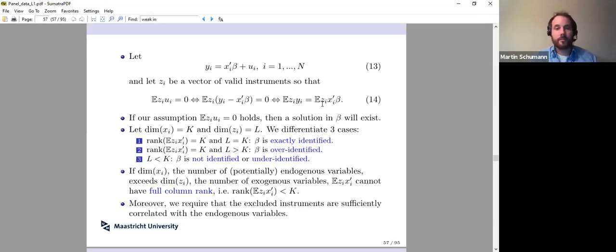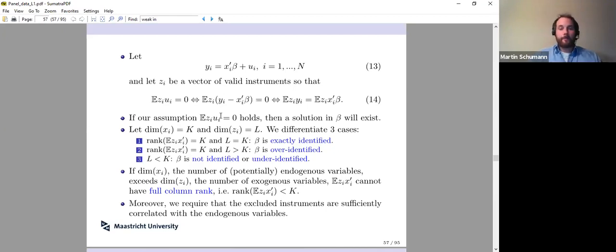By the way, this vector Z can, for instance, include all the x's plus some additional variables. It can be a part of these x's. Z can contain the exogenous part of X and have some additional excluded instruments in there. And so it can actually even be X itself. So we will see what happens with Z.